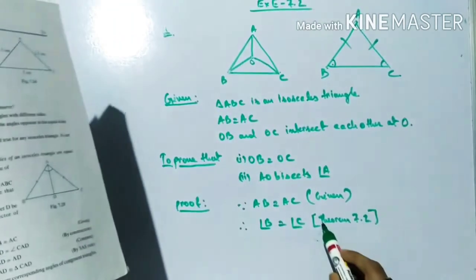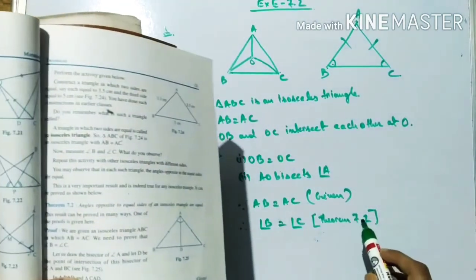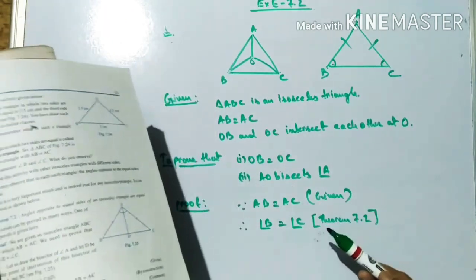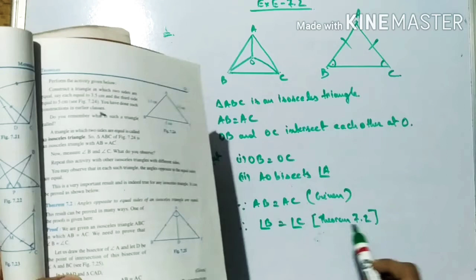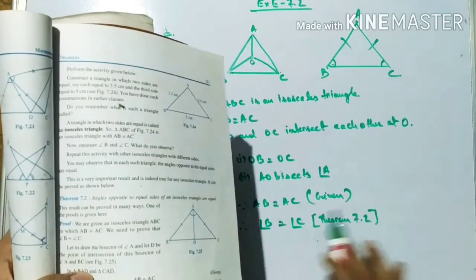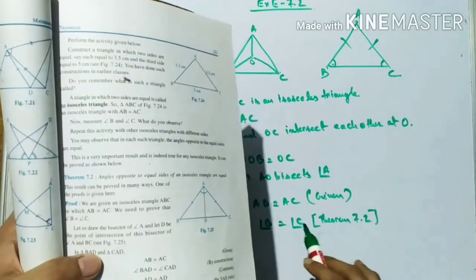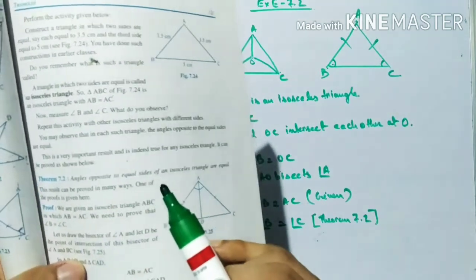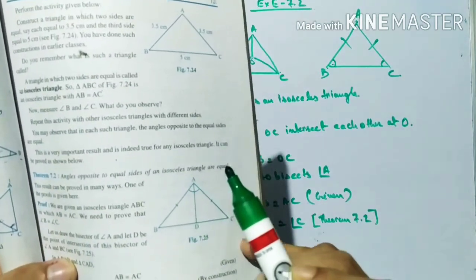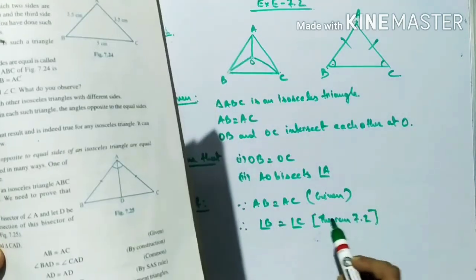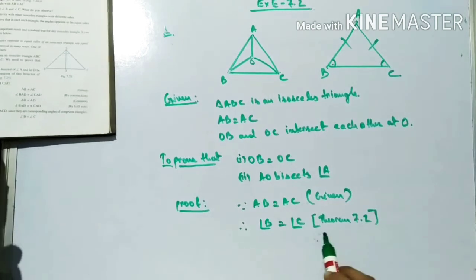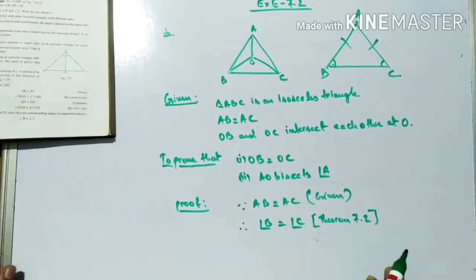You will have to write this in place of the theorem number. In the exam hall you don't write just theorem 7.2, you write the complete theorem. But for the time being, let's say this is theorem 7.2.